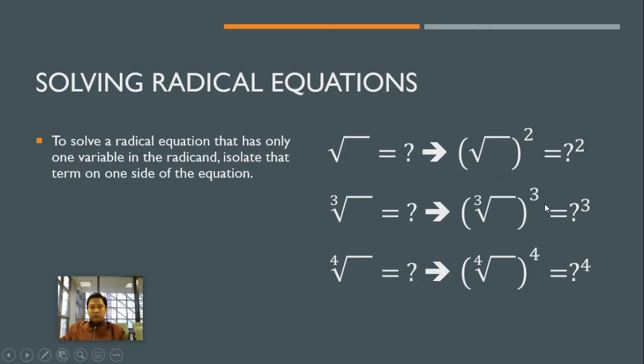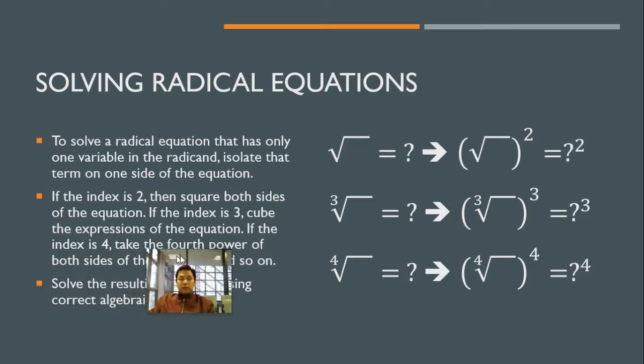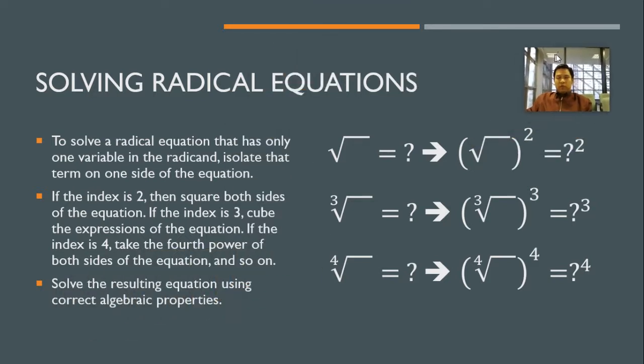Same with cube root. That symbol is cancelled out by a cube. Fourth root is cancelled out by the power of 4, and so on. So since we're involved with algebraic expressions and equations, we always follow correct algebraic properties.